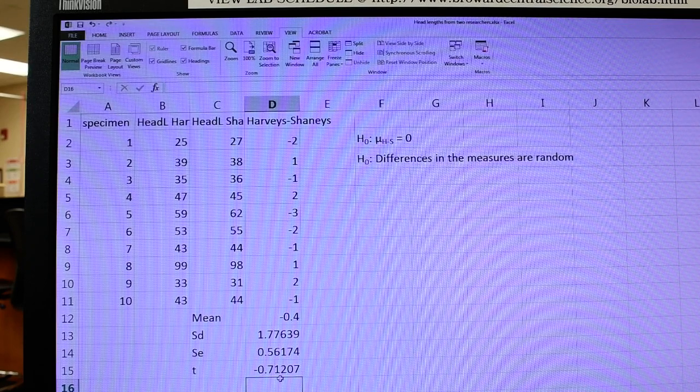So when you're working with these t-statistics, frequently, depending on how you set it up, you'll get a negative score. That doesn't mean anything. So ignore the sign of the t-statistic. And when you report a t-statistic, don't put a negative sign because it is meaningless.